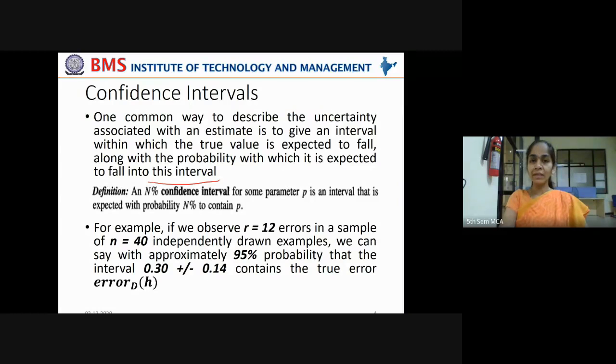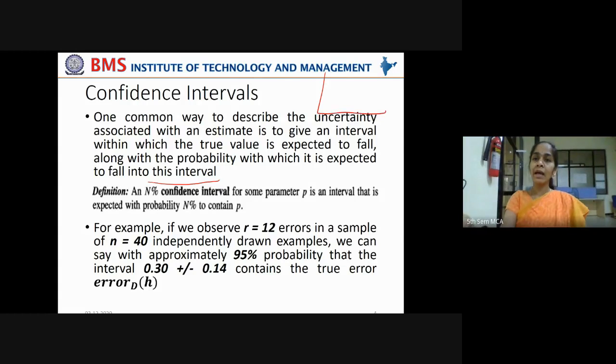Now, how to describe this uncertainty that is associated with an estimate? It is to give an interval within which the true value is expected to fall, within which the true prediction is expected to fall, along with the probability with which it is expected to fall into this interval. So what would be the interval, and what is the probability of the true error falling within this interval?